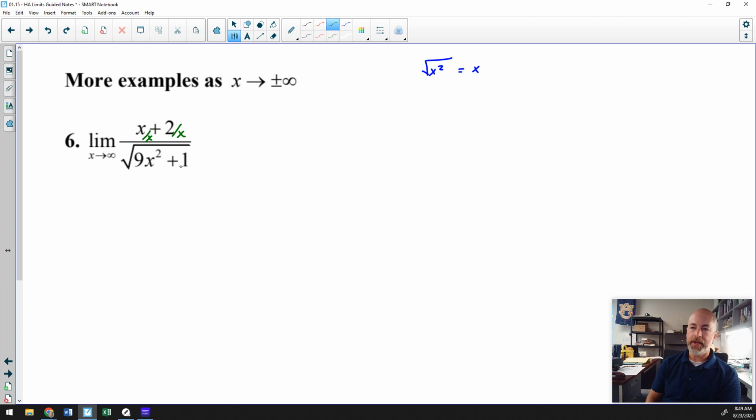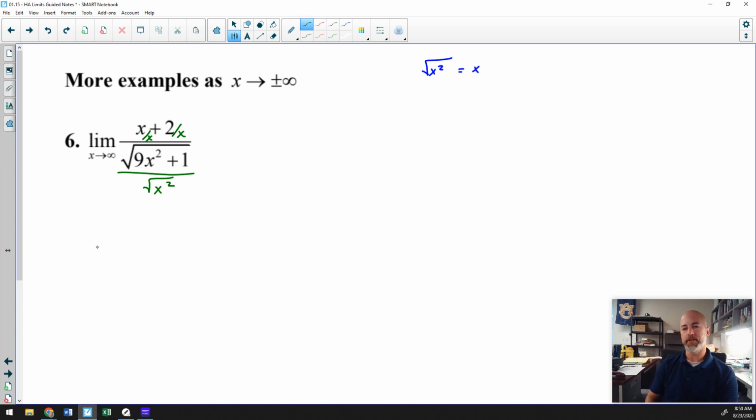In the denominator, what I divide by, I like it to resemble what I am dividing it into. So instead of dividing 9x squared and 1 individually, I'm going to divide that whole radical by an x, but my x is going to look like the square root of x squared, because I want it to work nicely with what I am dividing it into.